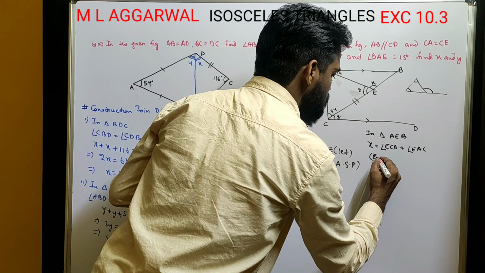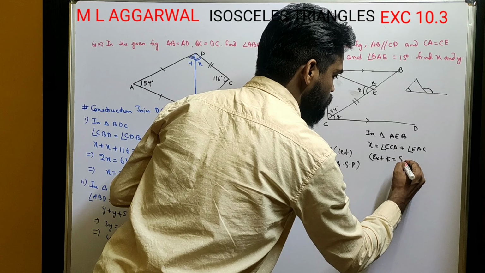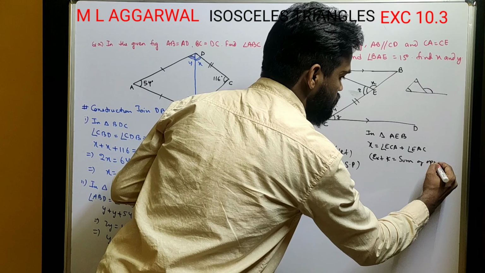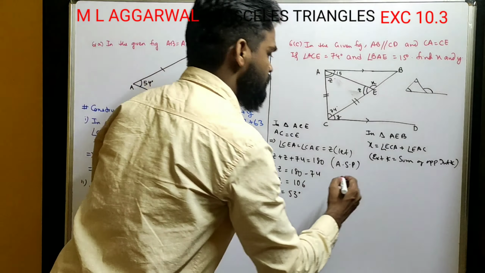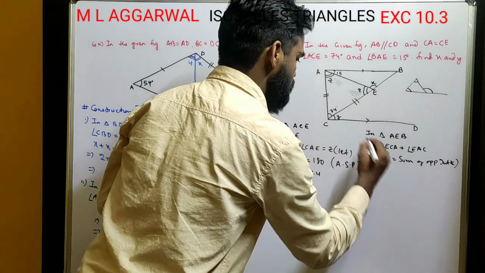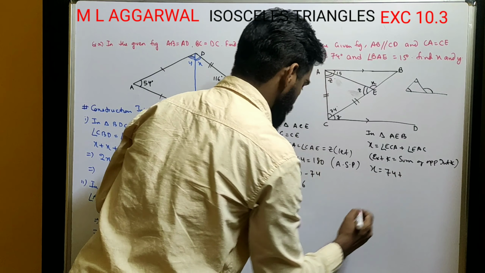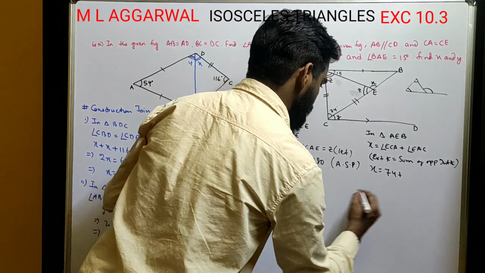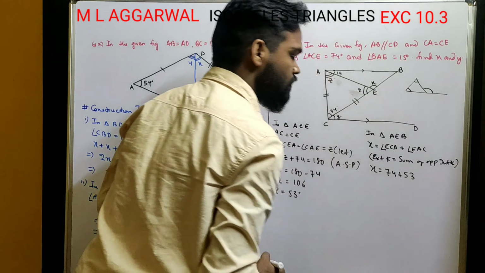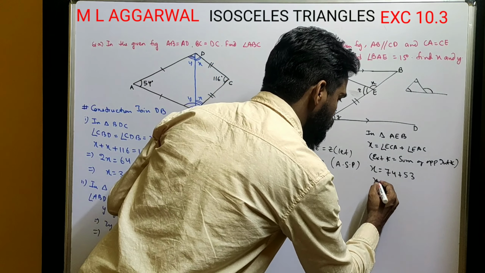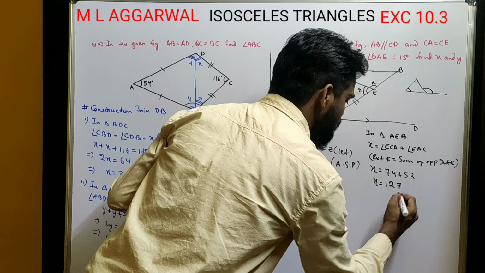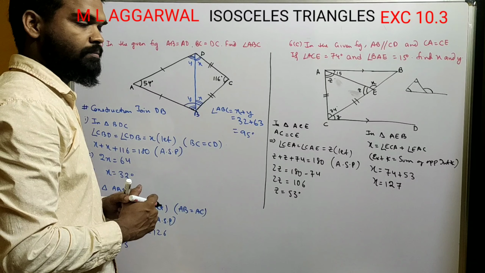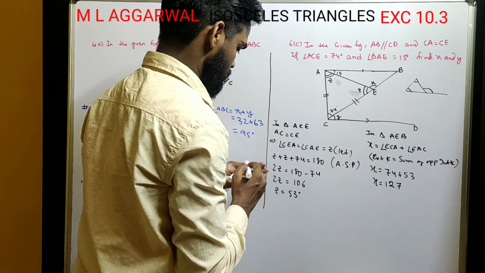Why? Exterior angle equals the sum of opposite interior angles. Done. Which means X will be equal to 74 degrees plus Z. How much is Z? Z is 53. Clear? So X is what? X is 127 degrees. Done. Now look carefully.